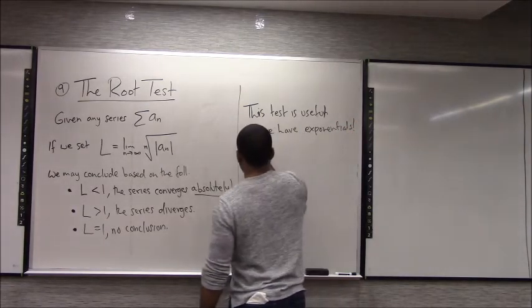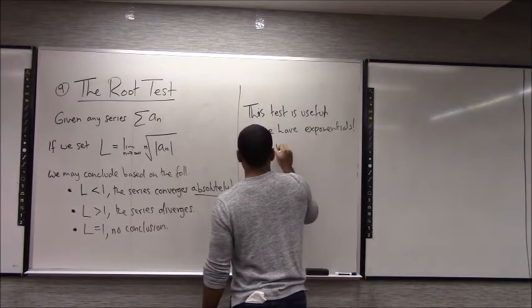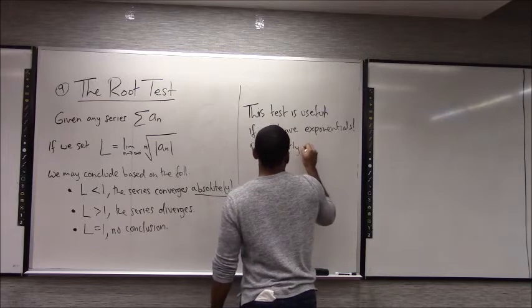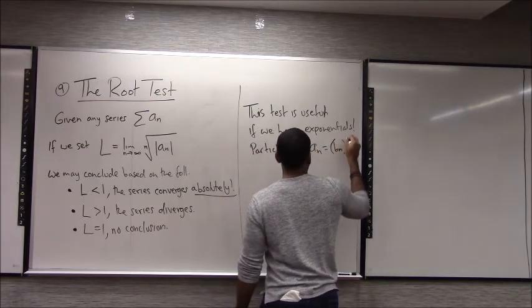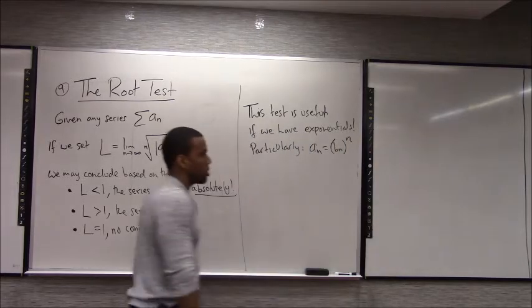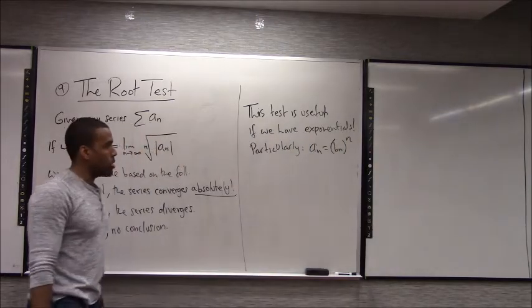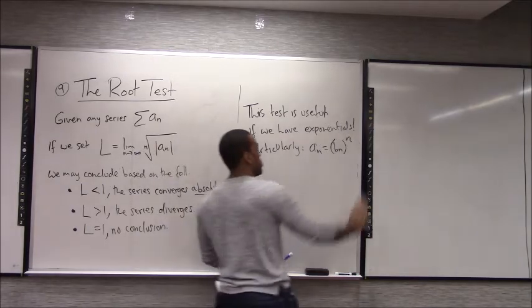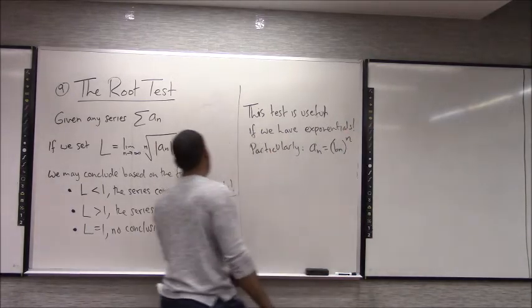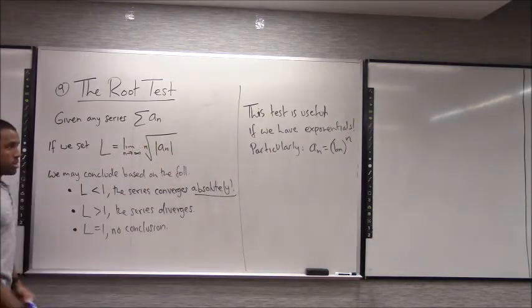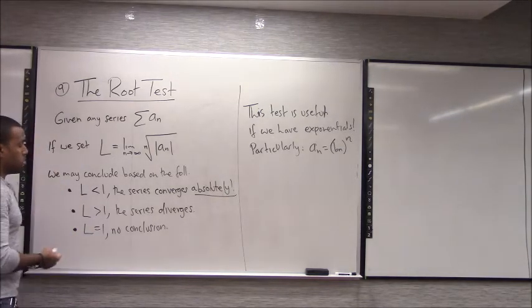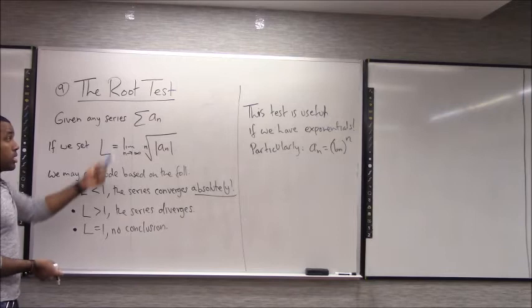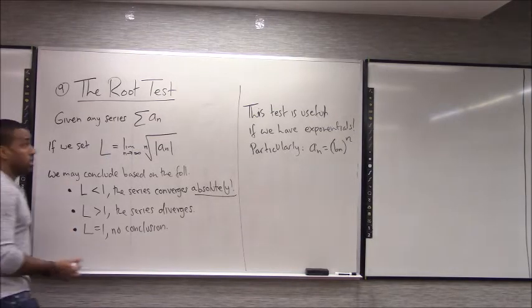Particularly if you realize that your a_n just looks like some other sequence raised to an nth power, or like a constant times n power, you can just use the nth root to get rid of that nth power and make a conclusion based on this. Sometimes seeing what it would look like without the nth power is going to make your life a lot easier. So that's called the root test.